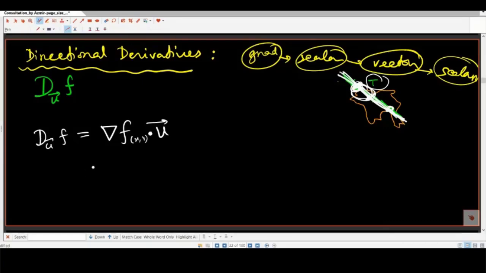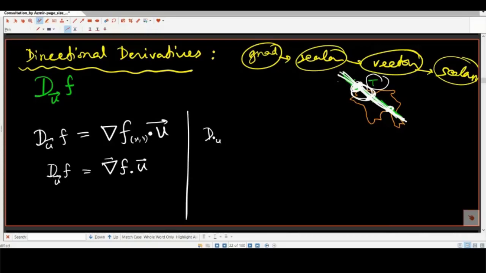So in short, we can write the directional derivative of f along u is gradient of f dot u. So here the dot product is coming. So f can be function of 2 variables or function of 3 variables.